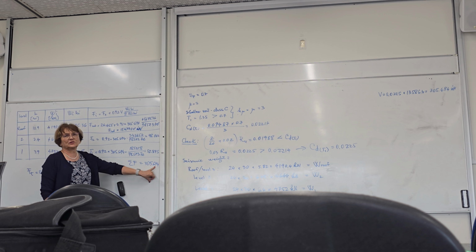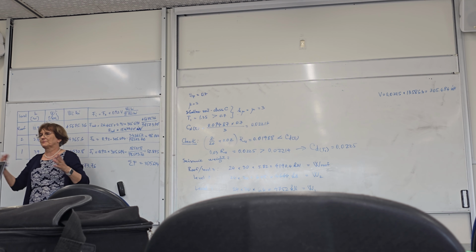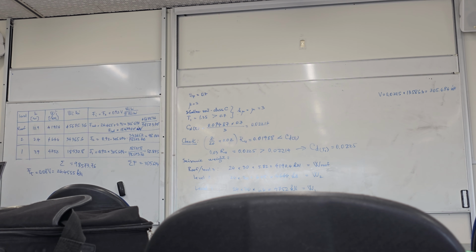Now, depending on how you round it, especially if you work only with two digits, there could be a slight difference, but not a huge difference. And now, we did this for the entire structure.